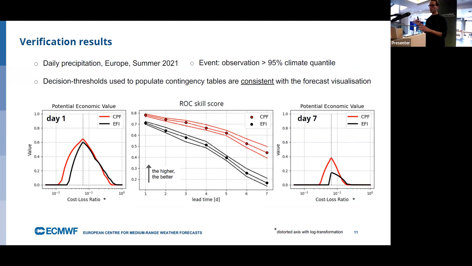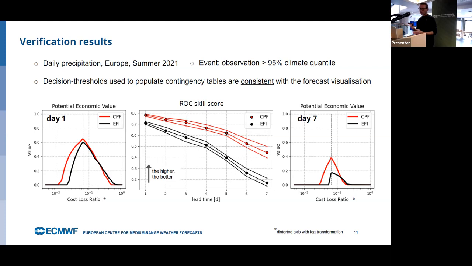We can try to give a bit more detail about for which kind of user the CPF works well compared to the EFI. So I put the potential economic value plot on the left and right for day 1 and day 7 respectively.